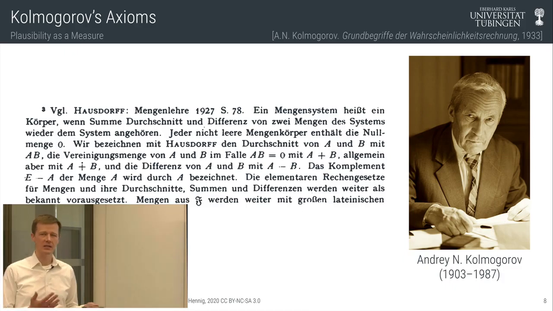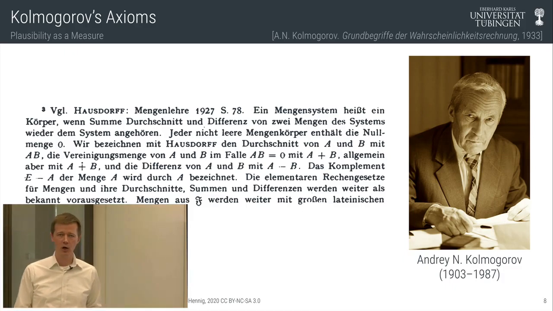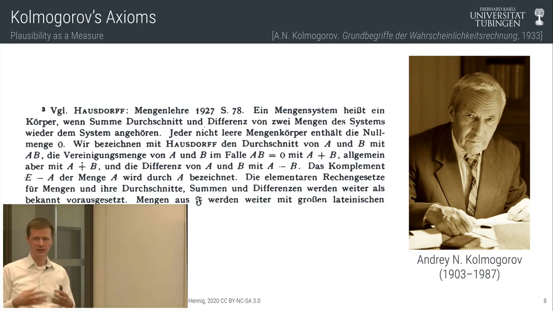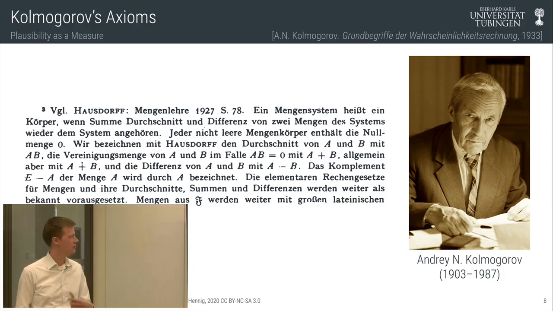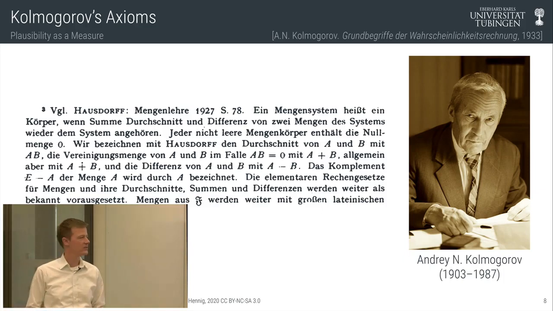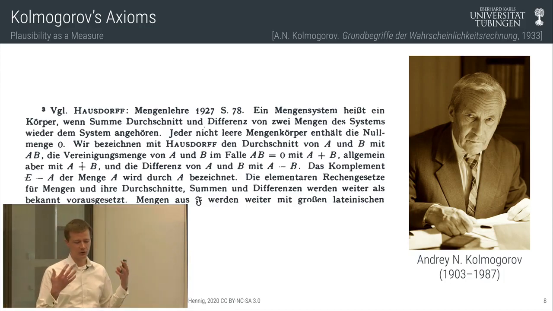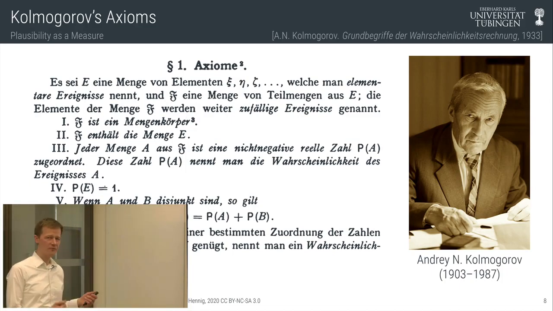This is analogous to the notion of a field, or Körper, in algebra, where you need operations with a certain property. In classic algebraic fields, the operations are plus and times. Here the operations are intersection, union and difference, and they have the property that if we apply them to elements of this field, then we stay within the field. That's the first axiom we need.